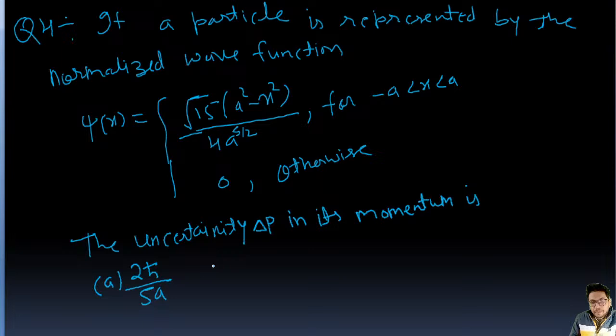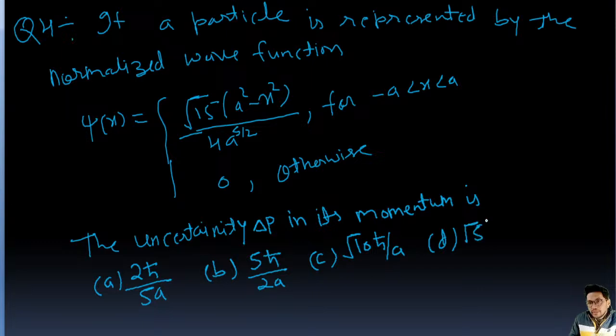Option B is 5 h cut upon 2a. Guys, all questions are very important, so learn these questions, practice and revise. Option C is root 10 h cut upon a, and option D is root 5 h cut upon root 2a.